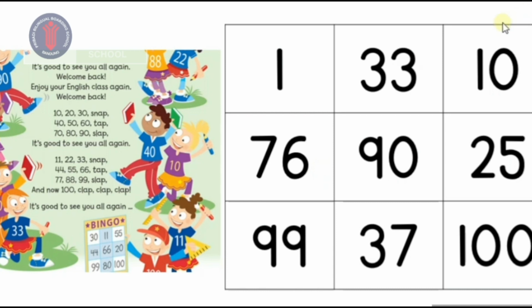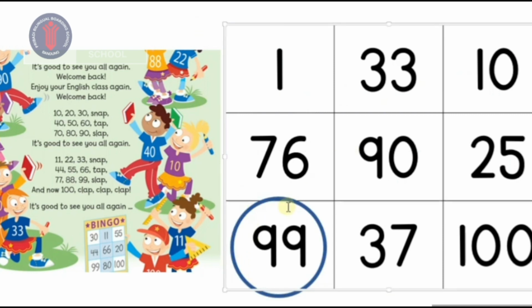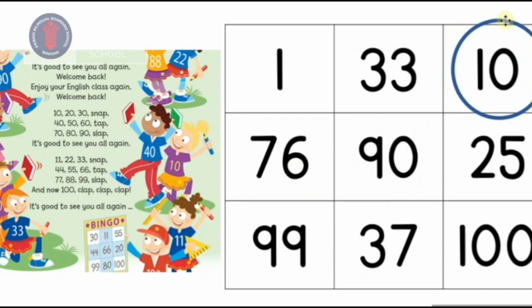20, 30, now. Alright, before the song say our number, my number, the song say about 10. Alright, now we will put the circle in every numbers that the song say. Alright, do you understand? Before the song say 10, 20, 30, snap.